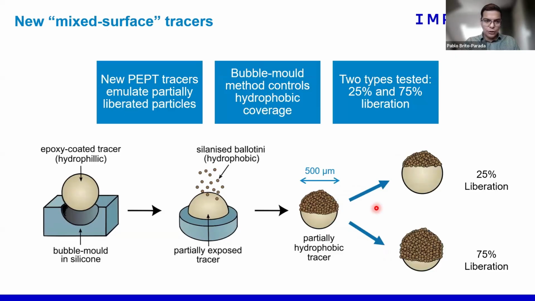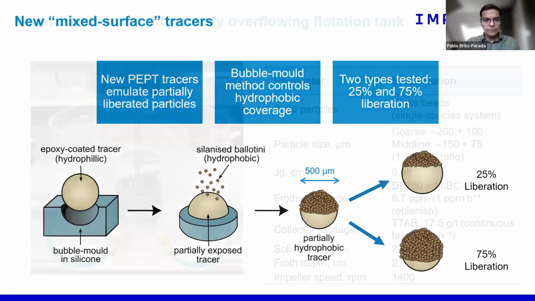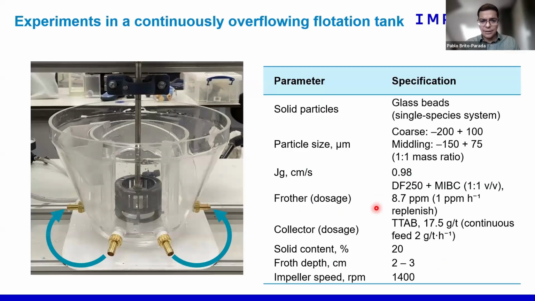In this schematic, it looks simple. In reality, getting this technique, the development of it, and then getting the coverage right was complex, of course. And I'll focus here particularly on 25 and 75 because the other tracer had some issues during operation. For you to have an idea of the system: solid particles, glass beads.